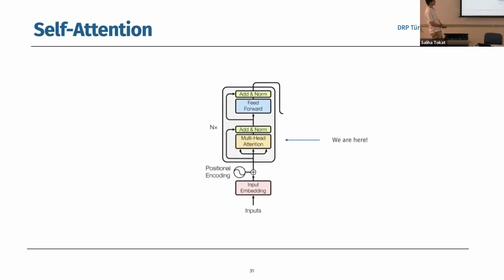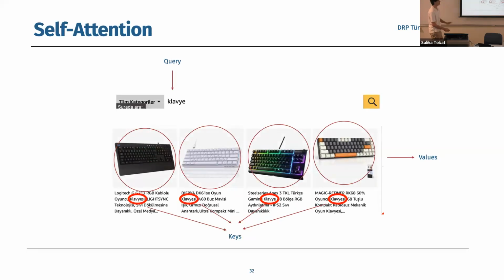So after the positional encoding, there is the self-attention part. Before going into the attention model, I could give you an example. Let's think you are going to buy a keyboard from the Amazon website, and you write "keyboard" in the Amazon search bar, and this will be your query.